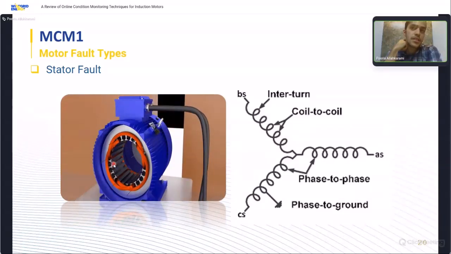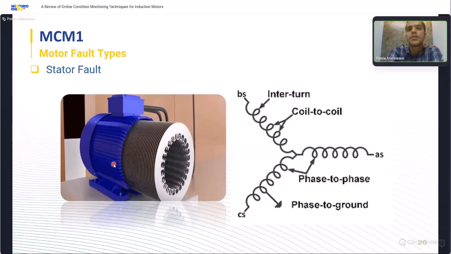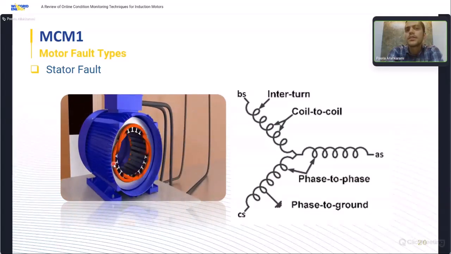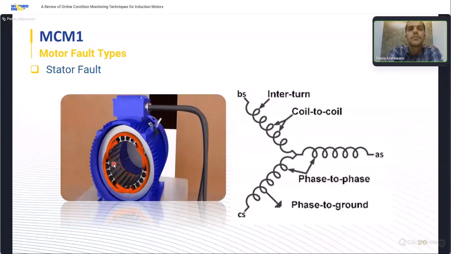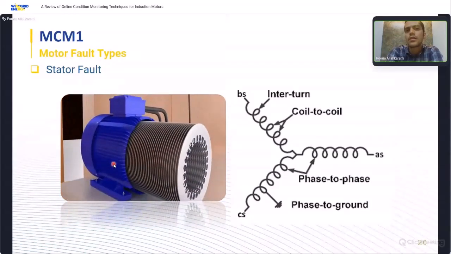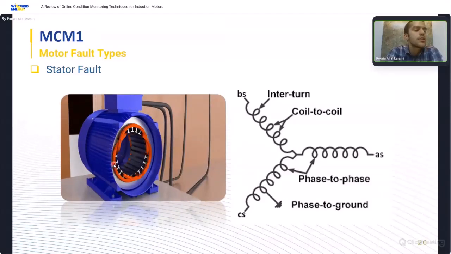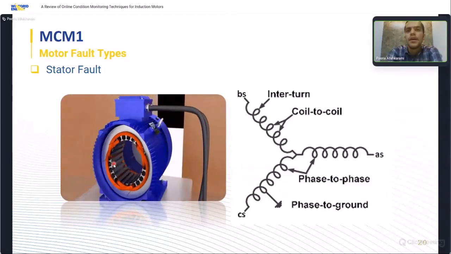This insulation is designed to tolerate the maximum temperature. However, for many reasons, this insulation can fail and lead to a short circuit from conductor to conductor, or from the conductor to the stator core, which we call a phase to phase or phase to ground fault.